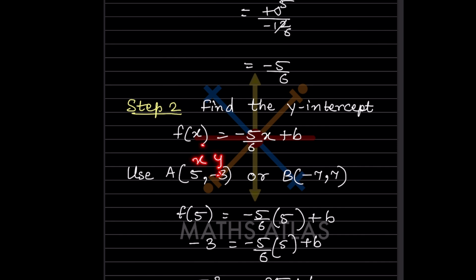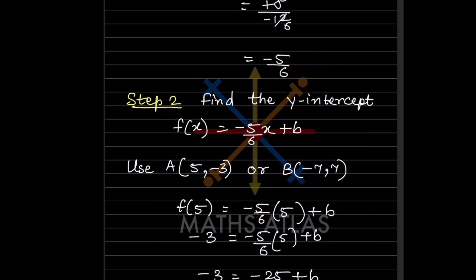So in place of x, you are going to write 5. The -5 by 6 will be as it is, and we don't know b. Now f of 5 means this is the y value. Whenever we write f of x, this is nothing but y.